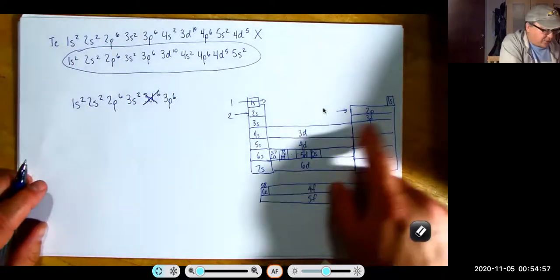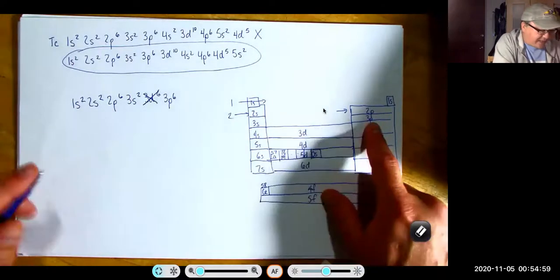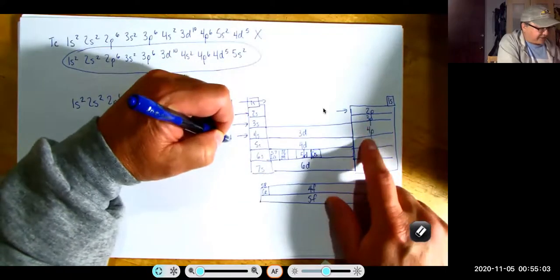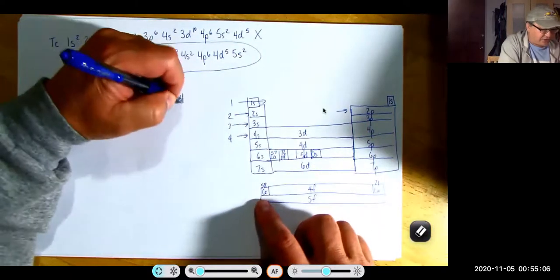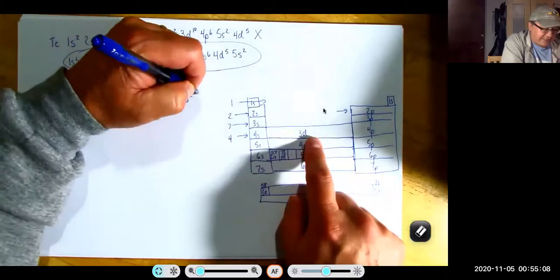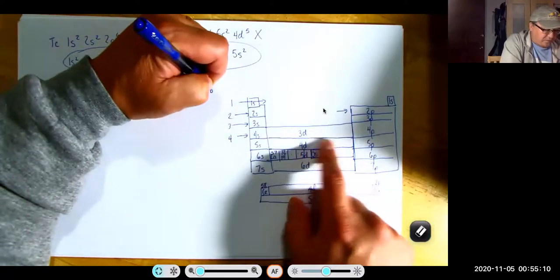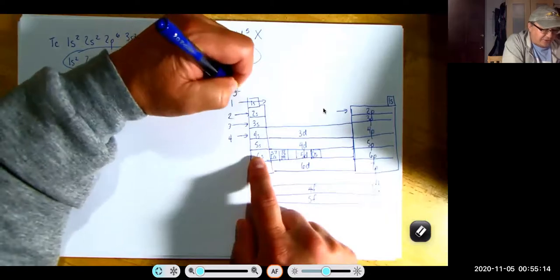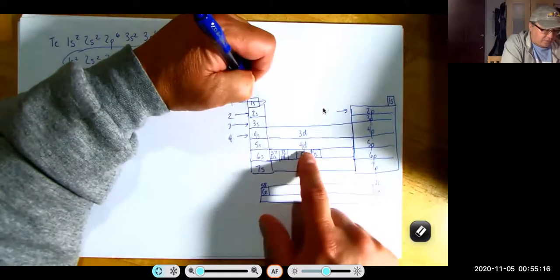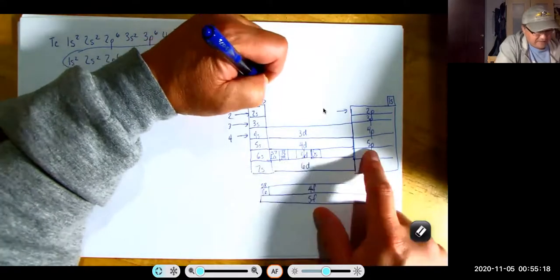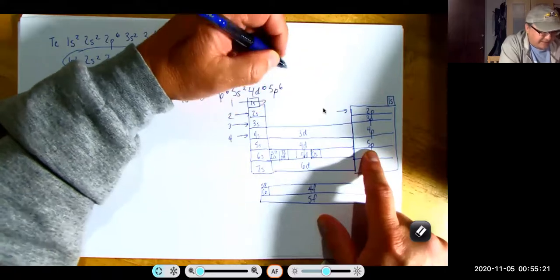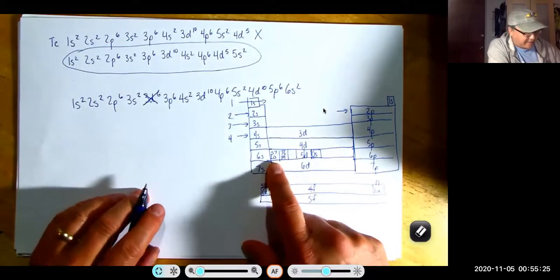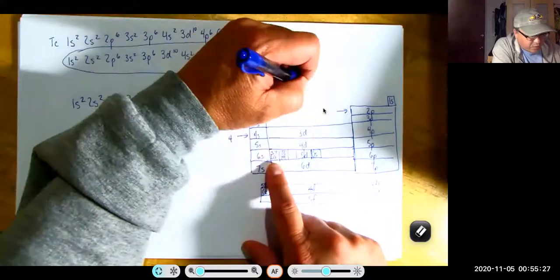And then after 3p, we go to this 4s. So 4s2, 3d10, 4p6, 5s2, 4d10, 5p6, 6s2, and then we've got lanthanum, which is 57, and that's going to be a 5d1.